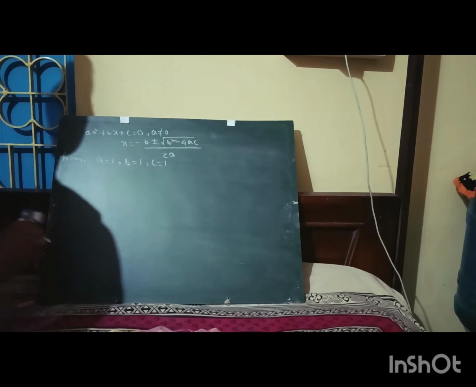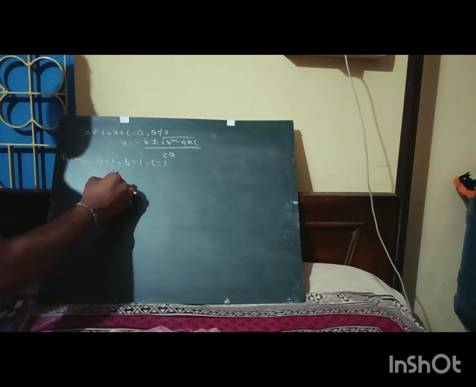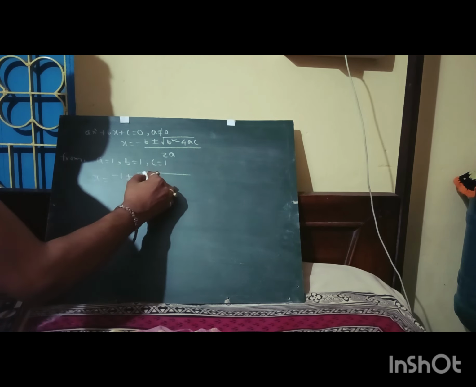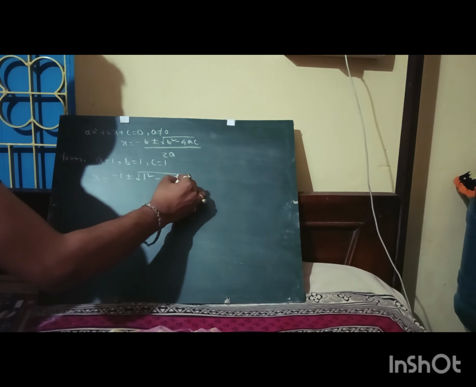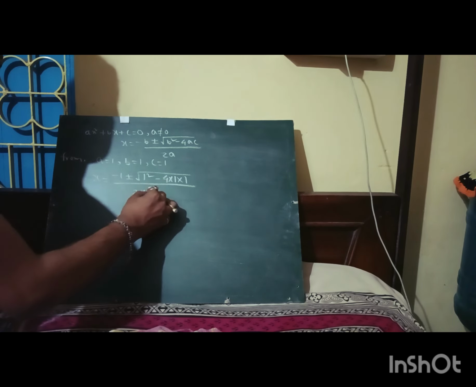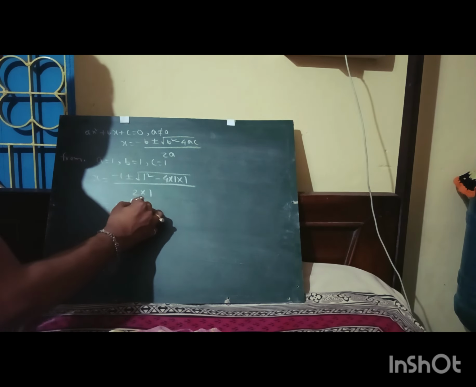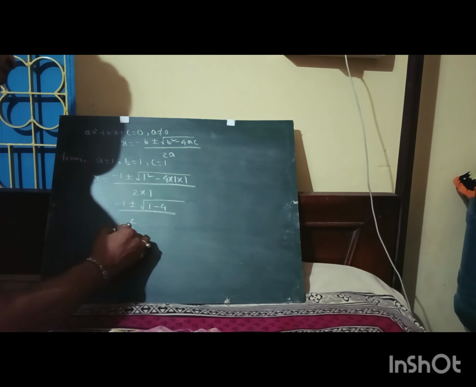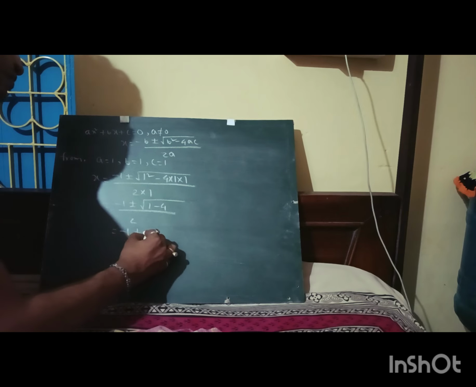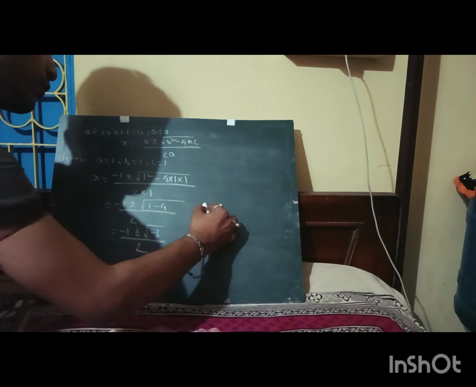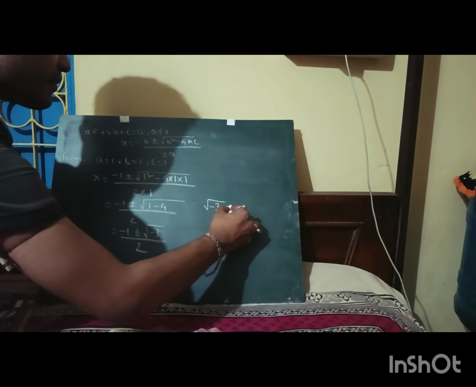Now we solve it. x is equal to minus b, means minus 1, plus minus root over b square, means 1 square, minus 4 into a into c, that means 4 into 1 into 1, and by 2a, that means 2 into 1. So minus 1 plus minus root over 1 minus 4, by 2, that means minus 1 plus minus root over minus 3. Now we talk about root over minus 3.